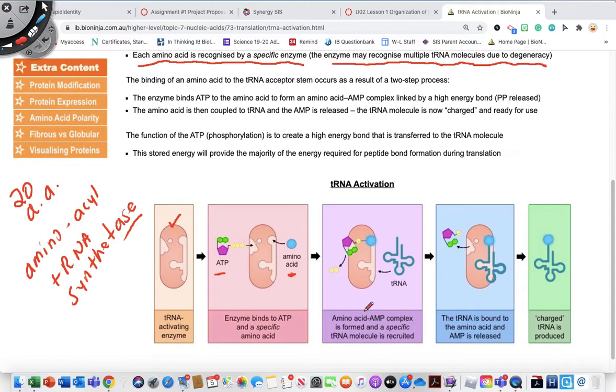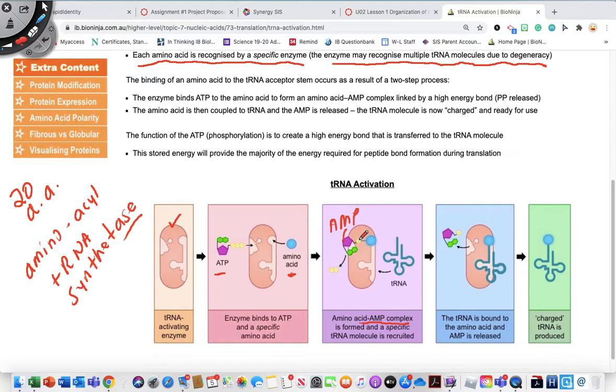So here we see, once they bind, you form an amino acid AMP complex. That's because this is no longer ATP. This is now AMP, okay? Because it's lost 2 of its phosphate groups, and now it's only got 1.